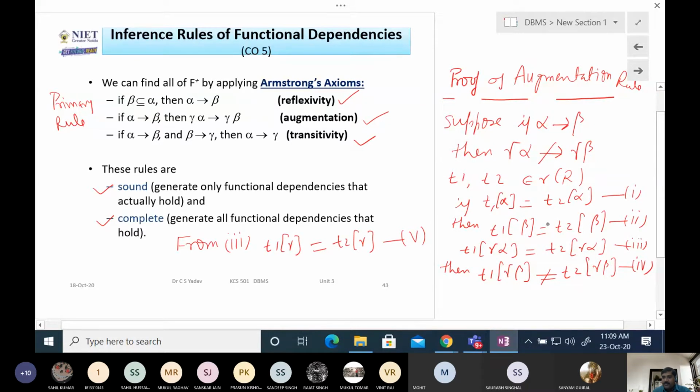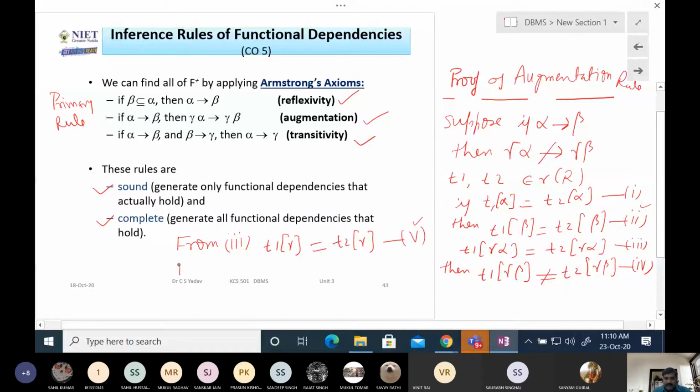Now from equations 2 and 4, if any tuples agree on their beta value and agree on their gamma value, obviously if we take the union, then they should agree on their beta gamma, and T1 of beta gamma equals T2 of beta gamma.